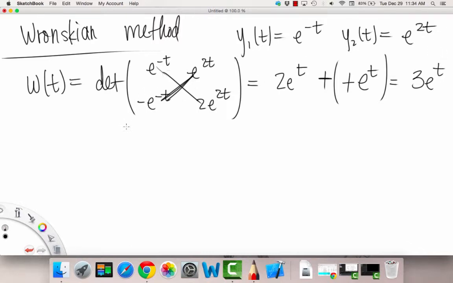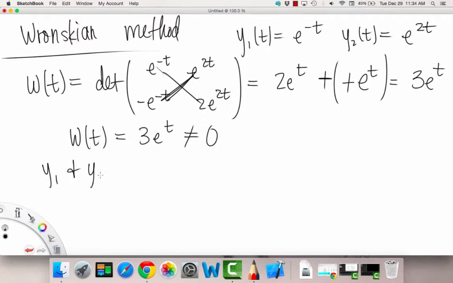So this is the Wronskian of our two functions. The Wronskian is equal to 3e to the t, which is never actually equal to 0. Since the Wronskian is not equal to 0, our original functions, y sub 1 and y sub 2, must be linearly independent of each other. So again, using a different method, we arrived at the same conclusion.